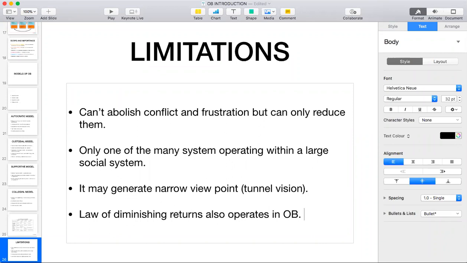At some point of time it increases the desirable return for the company, but sometimes it may give negative returns because of issues in the company, some conflict, some differences that arise in the company. So there may be many reasons which are part of diminishing returns in the organization.